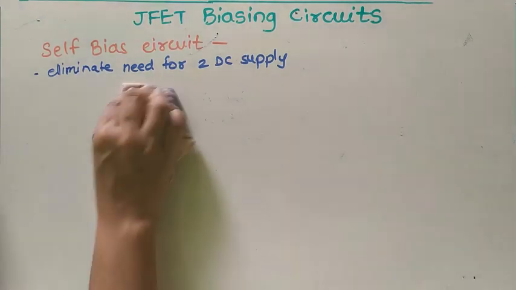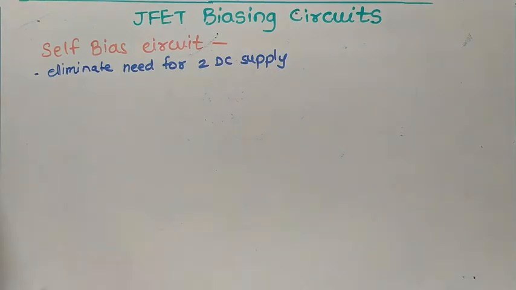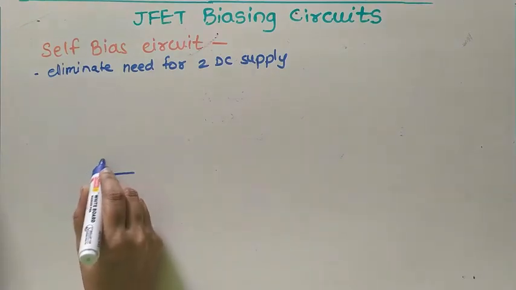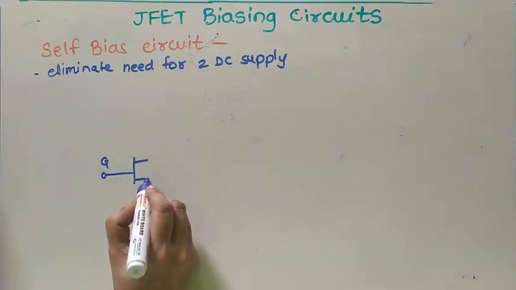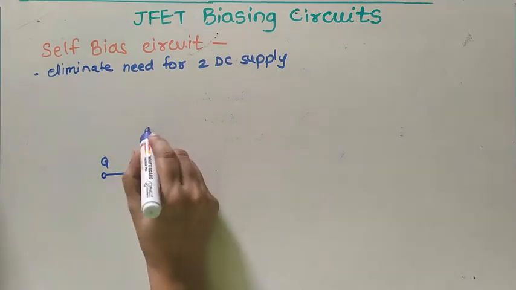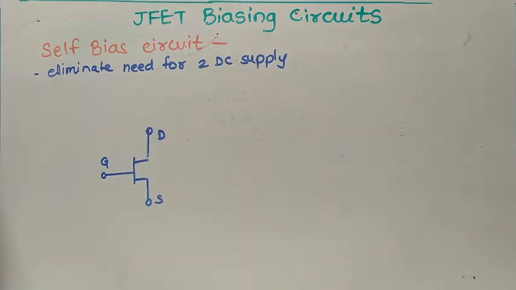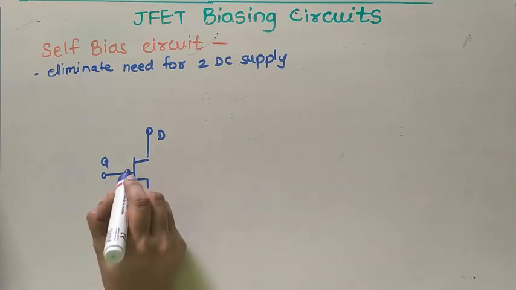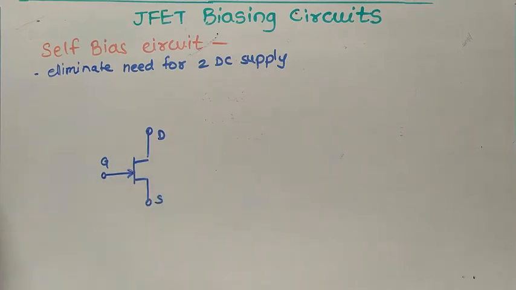Means in case of this self bias circuit, let's consider this is our JFET. I will write down here, this is our gate, this is source, and this is drain. So this is N channel. So at source here one resistor is added, that is called as RS, and the voltage across this RS is now the controlling variable for gate to source voltage.